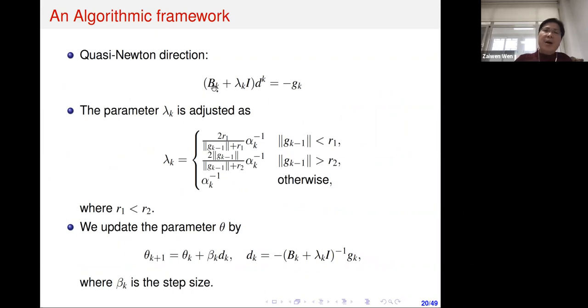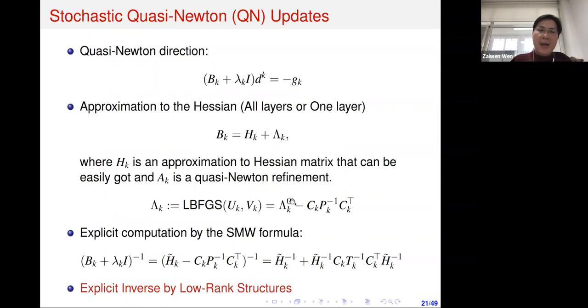We construct the approximation B_k to the Hessian, and then we compute the direction. Of course, we have to update the parameter theta in a certain way, and compute the direction d_k, right? So the most important part is how we compute this direction. So let's look in detail. Because our B_k has structure, we have a simple H_k and we approximate lambda_k by a quasi-Newton matrix. For example, we can approximate lambda by the limited memory BFGS method.